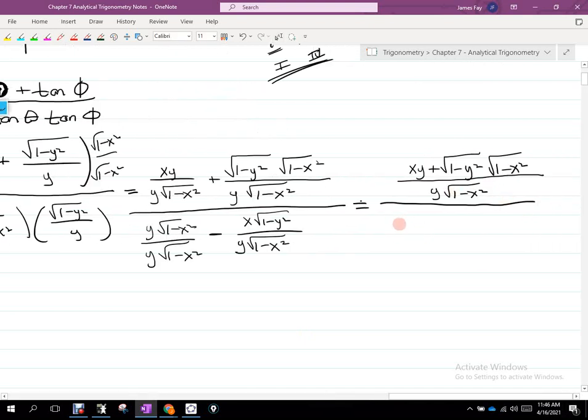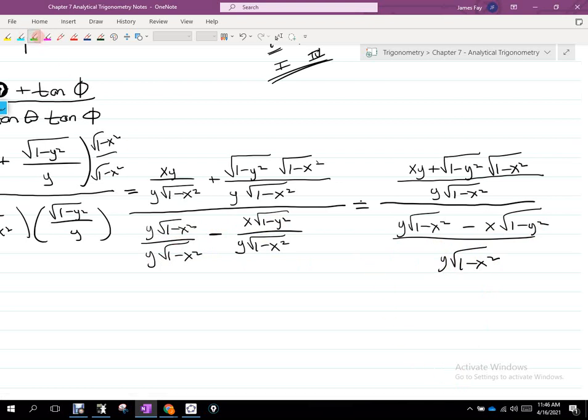And then we will have y root 1 minus x squared minus x root 1 minus y squared. So that's combining these two numerators. And this denominator is y root 1 minus x squared. What do you recognize about this denominator and that denominator? They're the same.